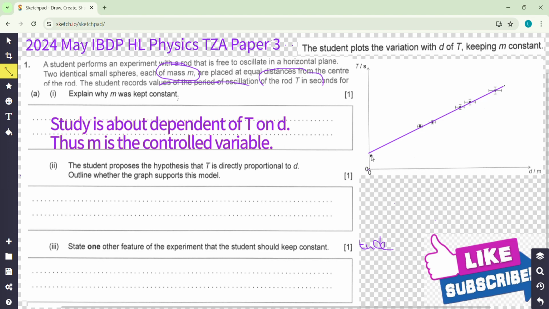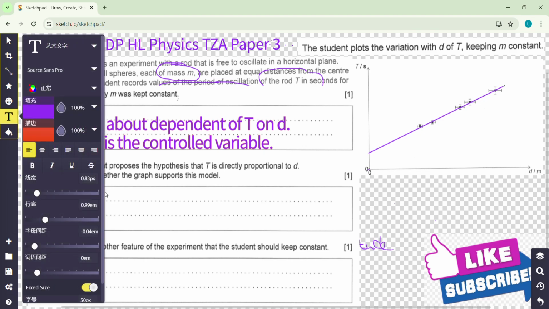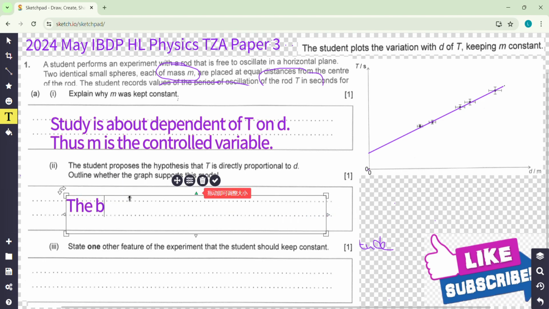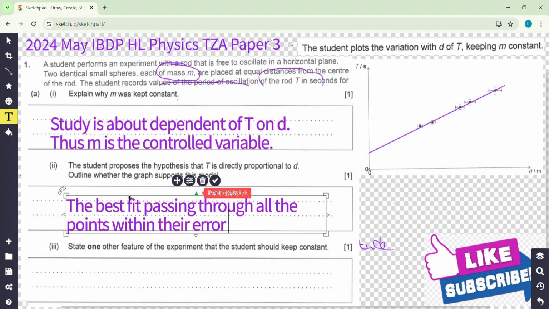Obviously, straight line, right? But common mistake: straight line is not enough for directly proportional. We need a straight line passing through the origin. So you can say the best fit line passing through all the points within the error bars does not pass through the origin.